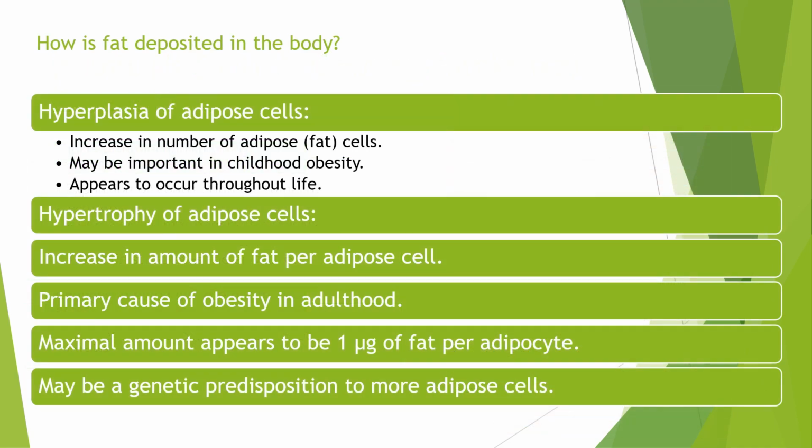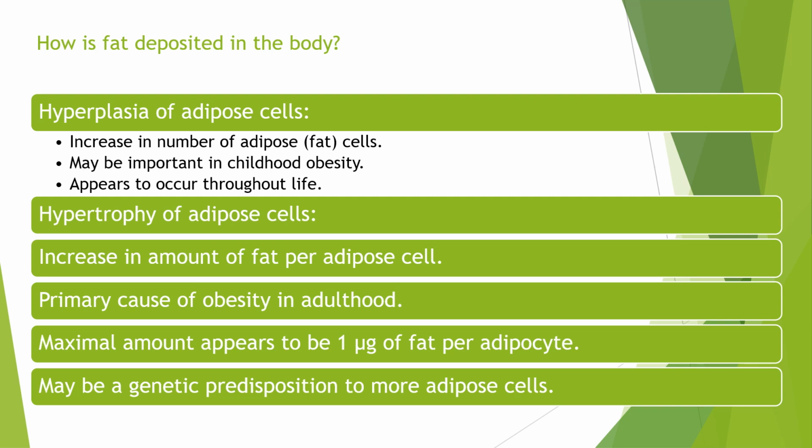Fat is deposited in the body through two primary processes involving adipose cells, or fat cells, and that's by hyperplasia or hypertrophy. Now, the hyperplasia of adipose tissue cells is basically an increase in the number of adipose cells. So it's the process that involves the creation of new fat cells.